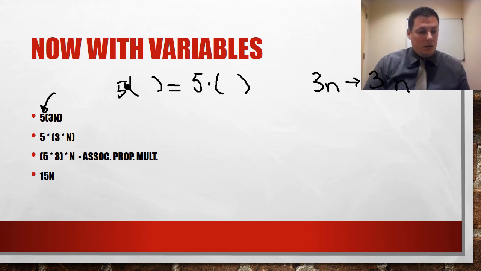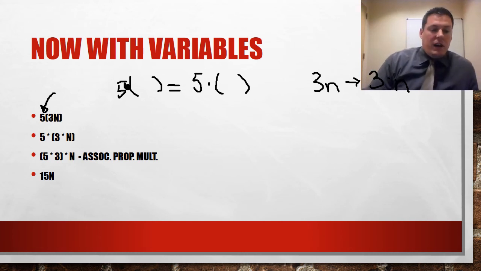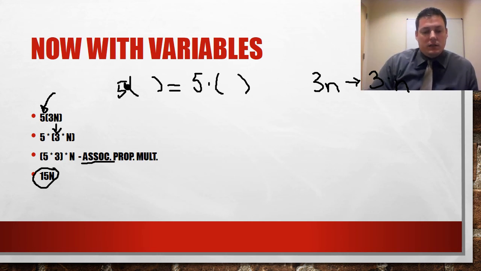So 5 times 3n, which is what this first part says, I rewrote to show you that multiplication is implied in those areas. But now I can use the associative property, which remember is grouping, to switch the grouping so I can write a more simplified version of that. 15n looks way better than 5 times 3n. So that's how we can use it with variables. That's why it's important to know these properties.